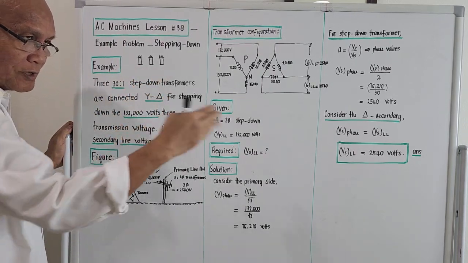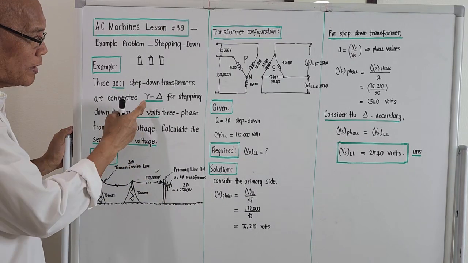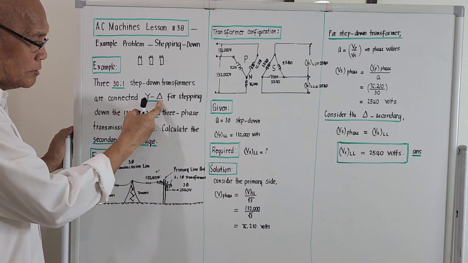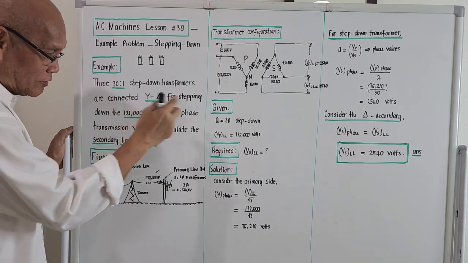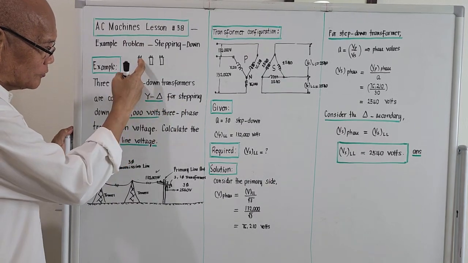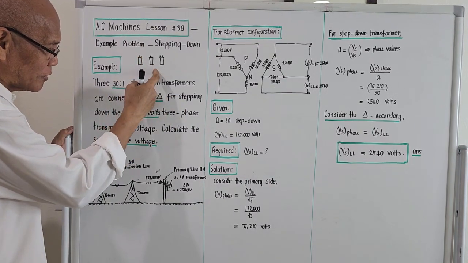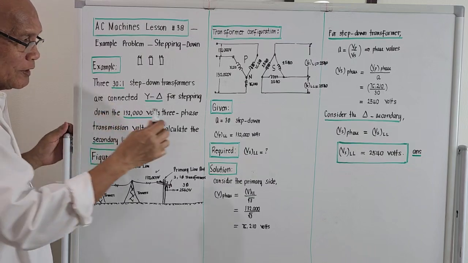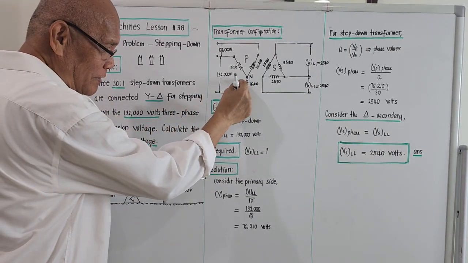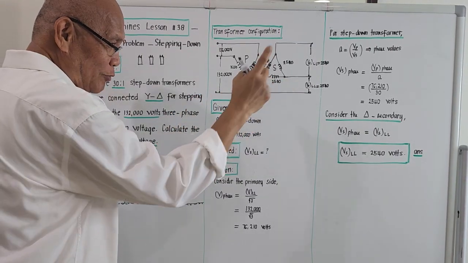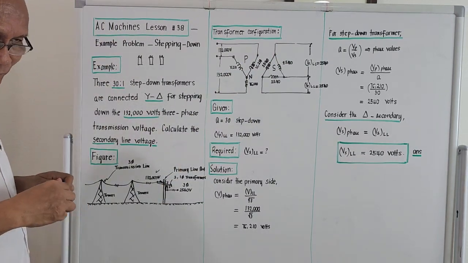But according to the given problem, the connection is Y delta. So to satisfy this Y delta, you must interconnect these three transformers, so it will look like a Y on the primary and delta on the secondary, and we could do that, right?